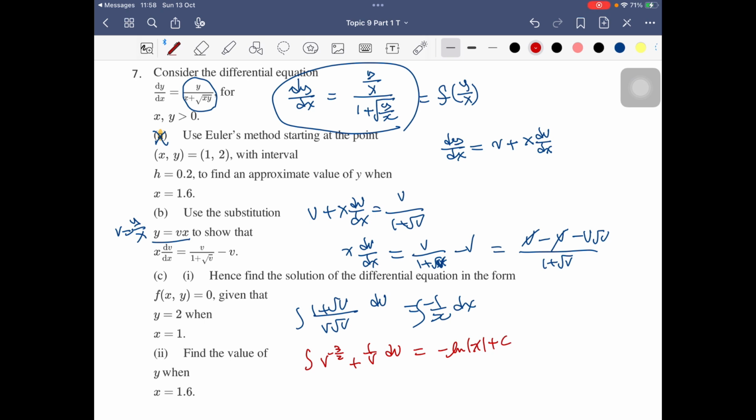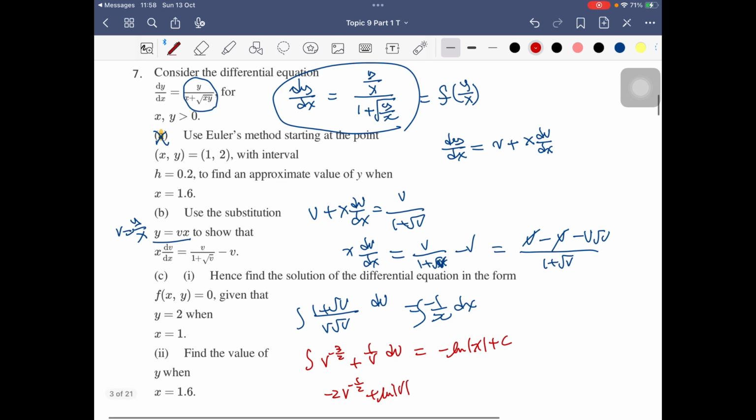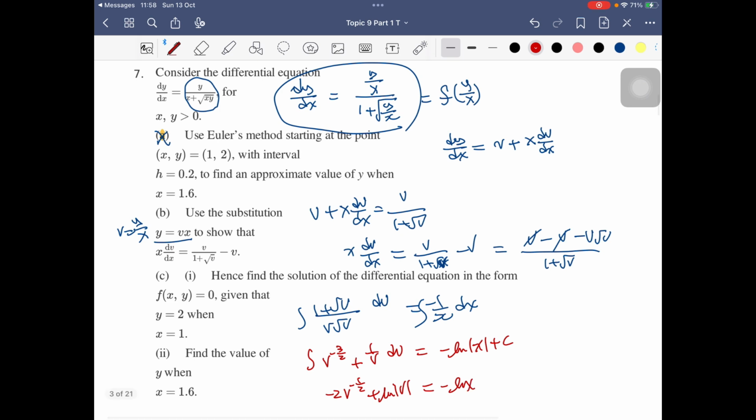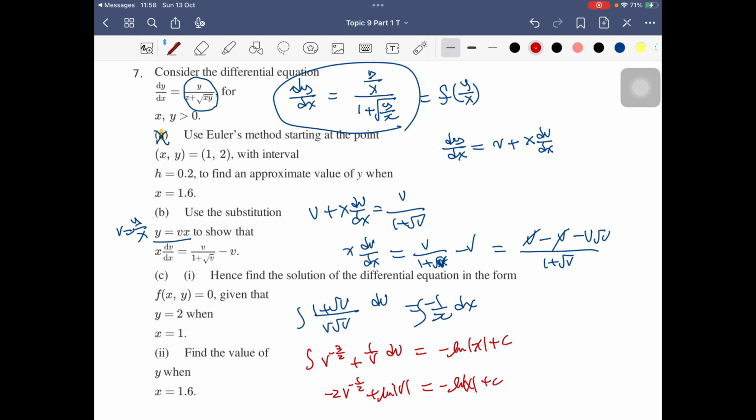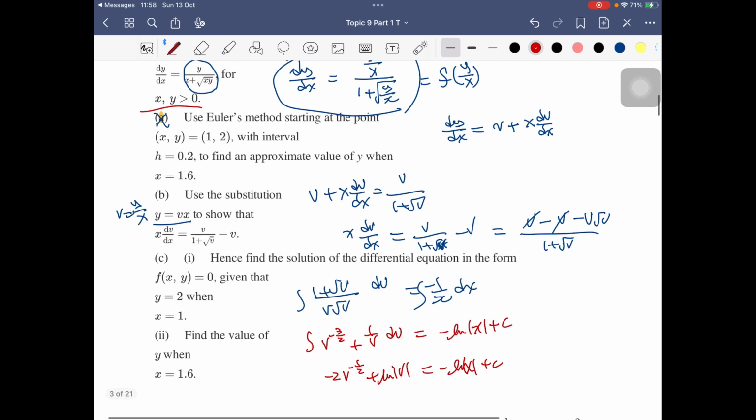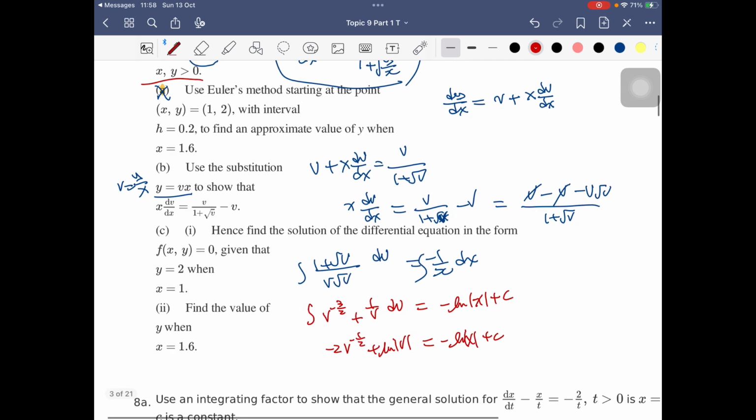So negative 2 v to the negative 1 over 2 plus ln v becomes negative ln x plus c. Here x and y are always larger than 0, so actually we can remove the absolute value symbol easily.